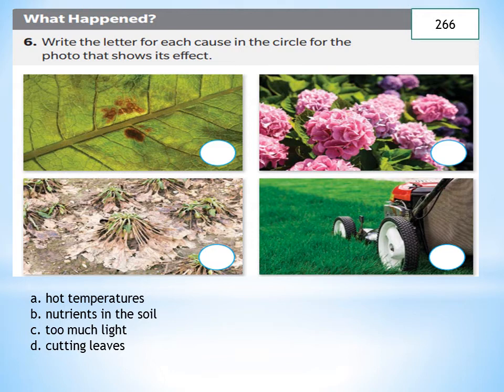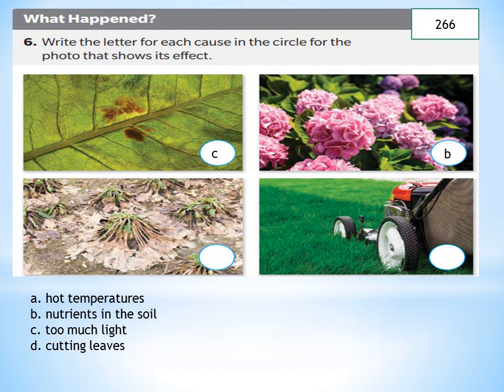Picture number 1, it is C. Too much light may burn the leaves of the plants. Picture number 2. Yes, it is B. Nutrients in soil affects flower color. Now let's move to picture number 3.